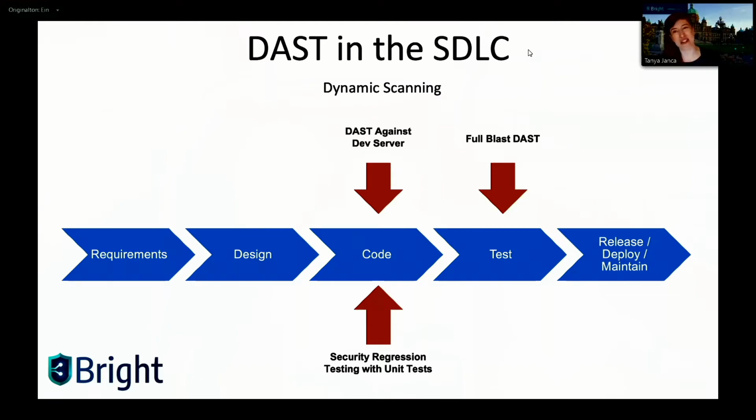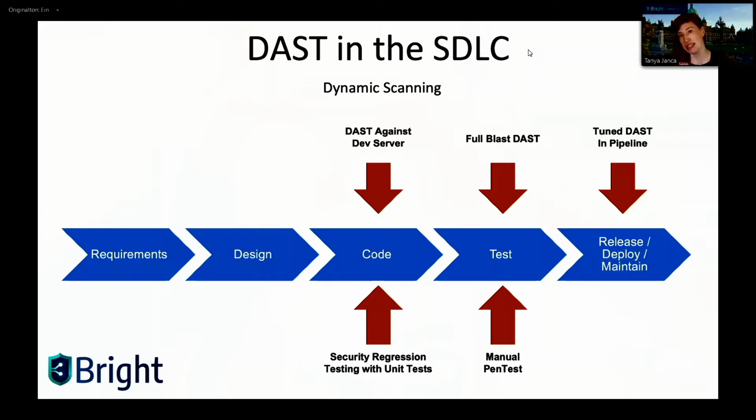I didn't mean that for it to rhyme, but it just does. And you could also do a manual penetration test. In a pipeline, the release phase and maintenance phase is where you use pipelines. So that's where you want to tune your DAST and just do certain types of tests. And then you could do scheduled weekly tests after it's released into production.